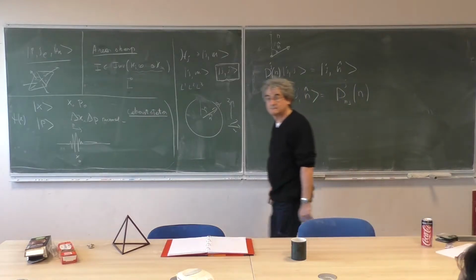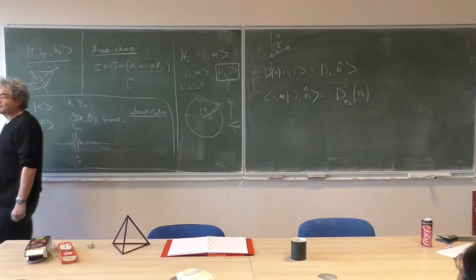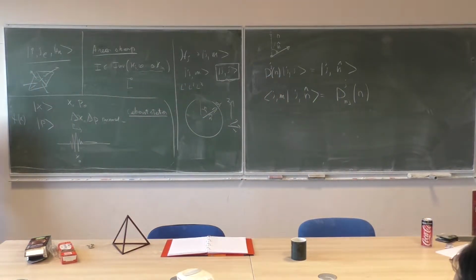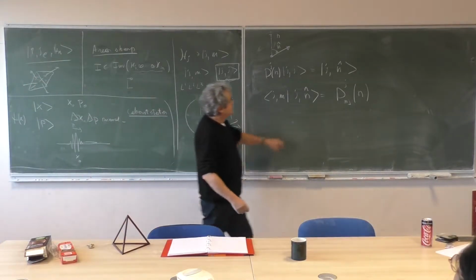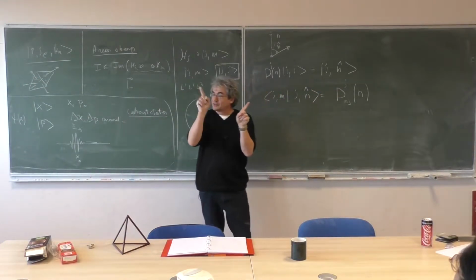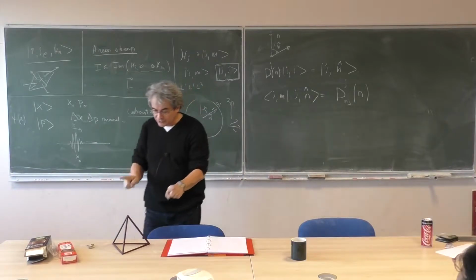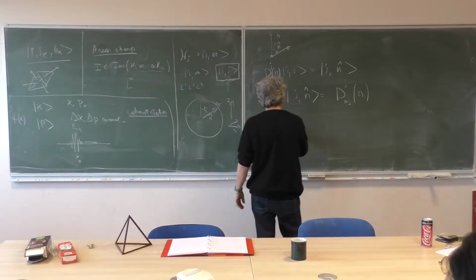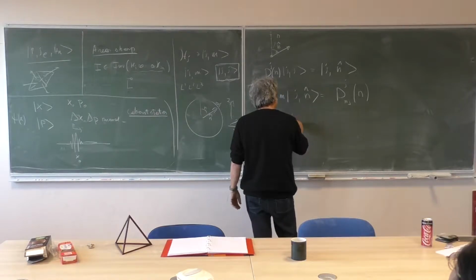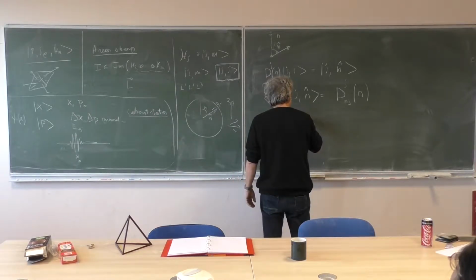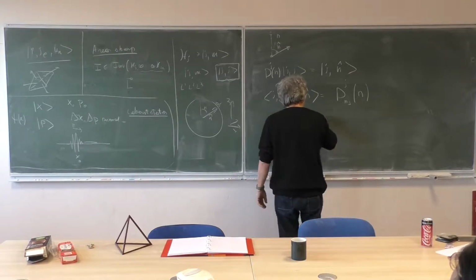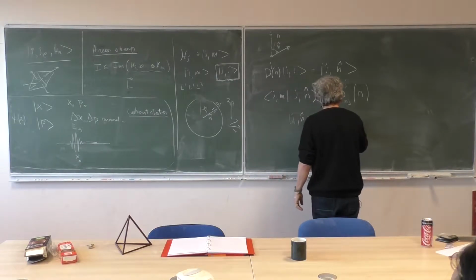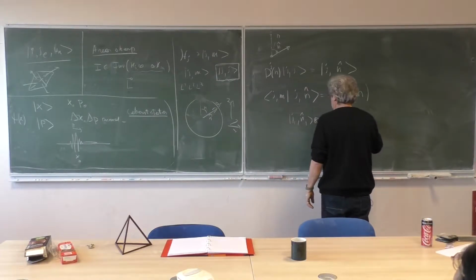Okay? So now I have a state which corresponds to a vector pointing in a direction. I want four of them, so I just take four of them. I take J1 N1, tensor four of them, J4 N4.